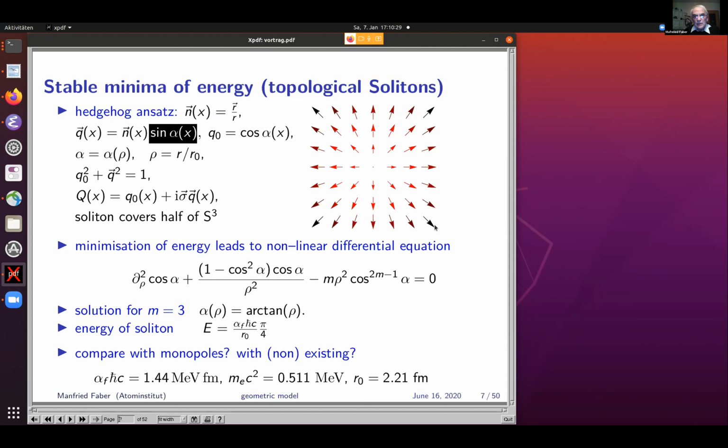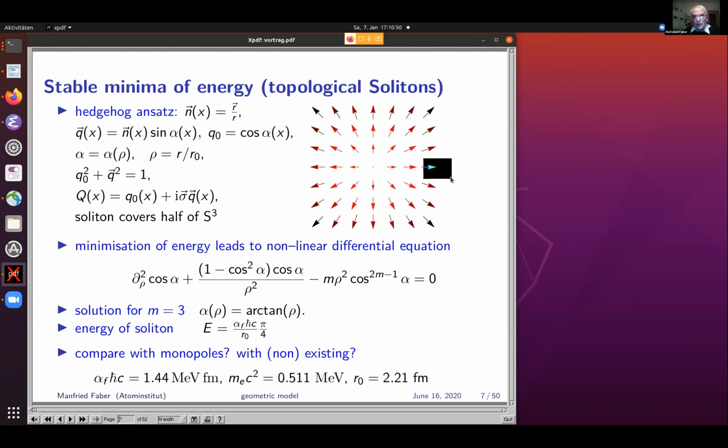So these vectors here are these vectors n times sine alpha. So this is a hedgehog solution. With these hedgehog solutions, you can describe Dirac monopoles if the vectors have unit length n, as Wu and Yang have shown. I decrease the length of these vectors here.